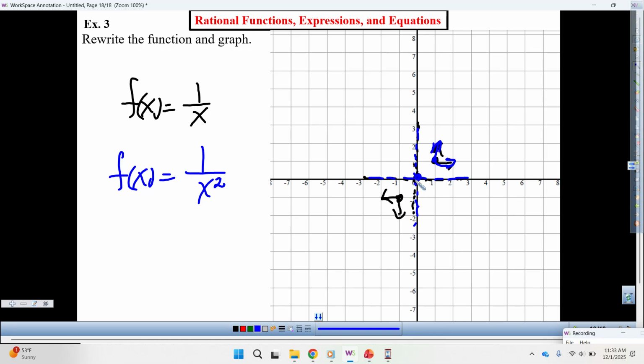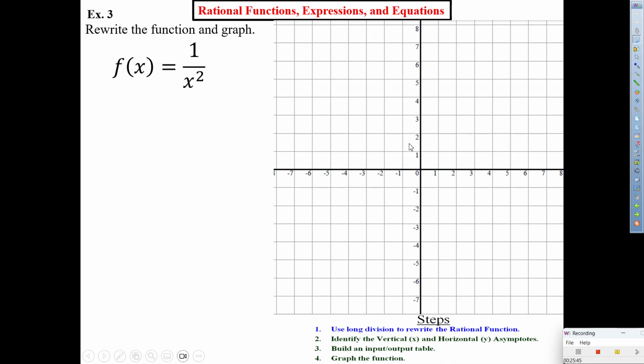And then instead of going 1 down, 1 to the left, I go 1 up and 1 to the left. You guys see the difference now? It went from these two to these two. We good? All right. With that said, the rest we're going to graph without a table.